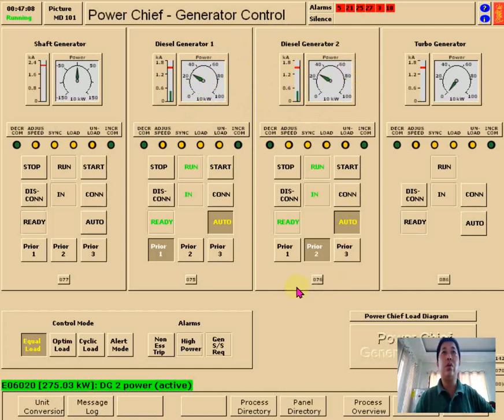So the same also if you put DG2 in priority 1 and DG1 in priority 2, the same condition.